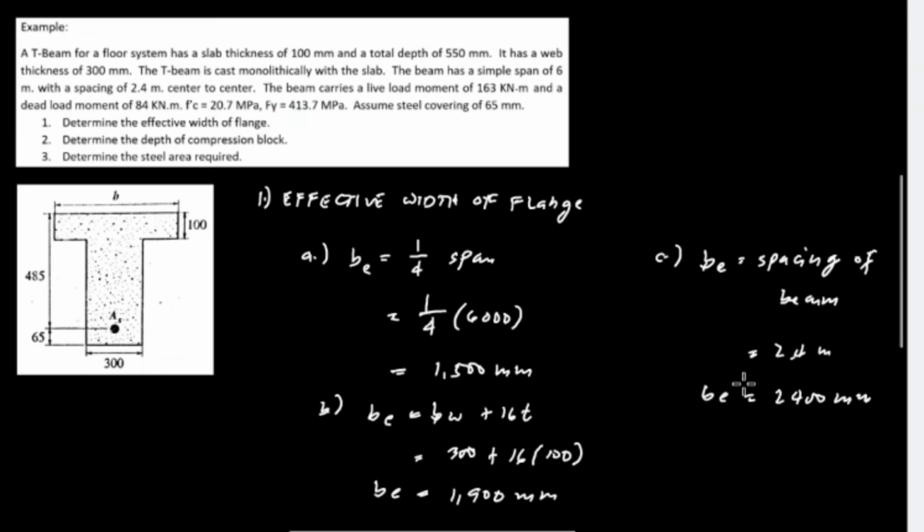Out of the three effective widths of the flange, we will choose the lowest value for the B effective, and the lowest value is equivalent to 1500 millimeters. So the effective width of the flange, or BE, is equal to 1500 millimeter, and that's problem number 1.